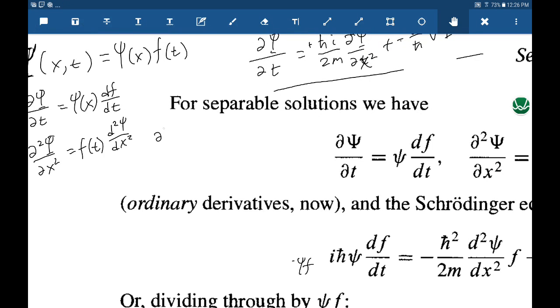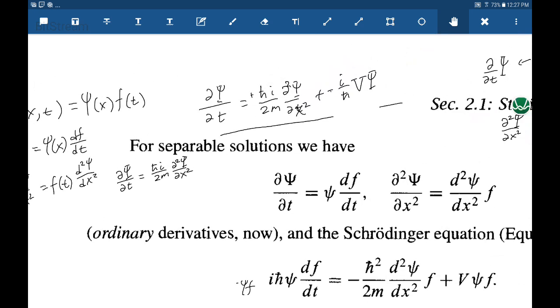Now, our wave function, so I'll just write it out again here. That's h bar i over 2m del squared psi over del x squared.